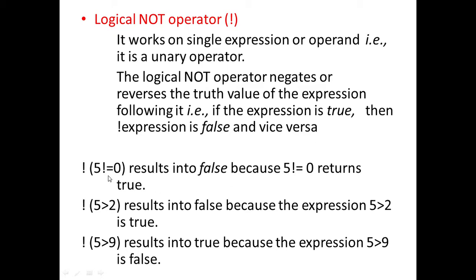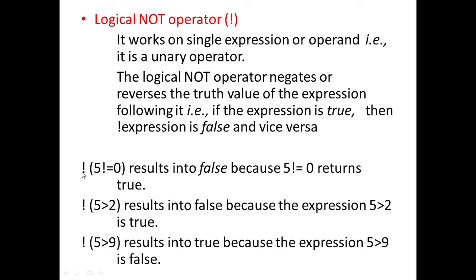Now for example, we have this one: 5 not equal to 0, true or false? True. Yes, 5 is not equal to 0. So here we are getting the value true, but here again we have logical NOT.